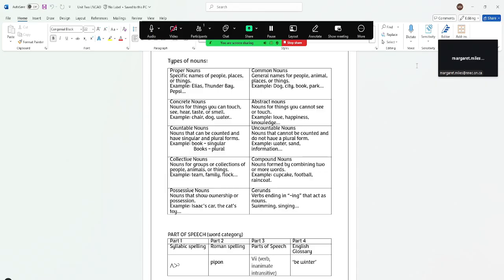Again, countable nouns are nouns that can be counted and have singular and plural forms. For example, a book is singular. Books are plural. Uncountable nouns. Nouns that cannot be counted and do not have a plural form. For example, water, sand, and information.